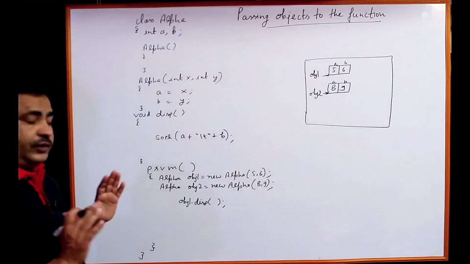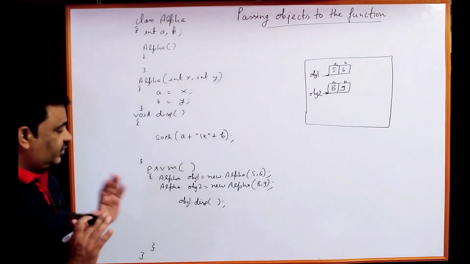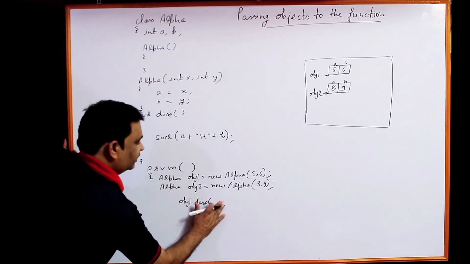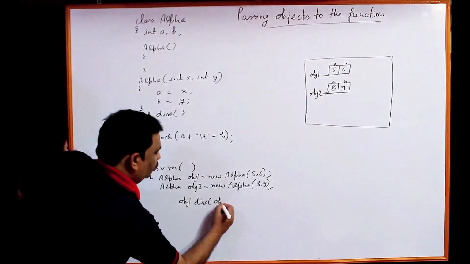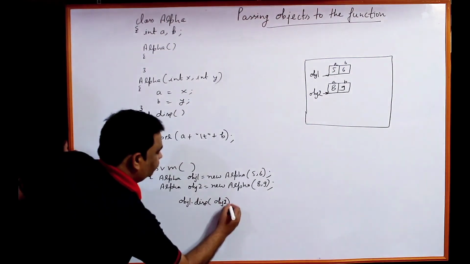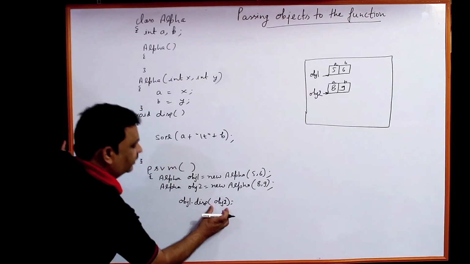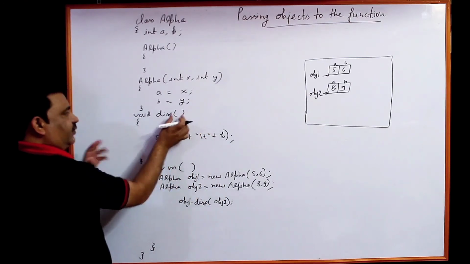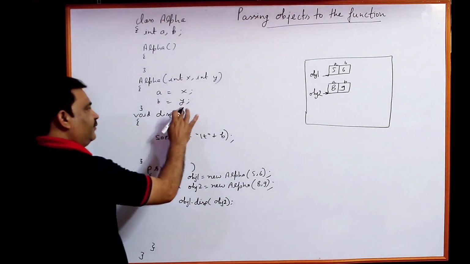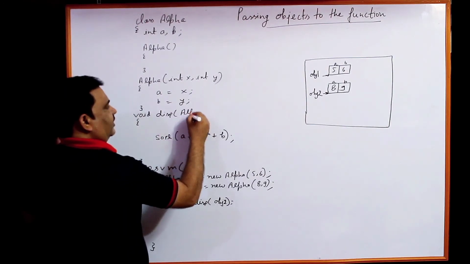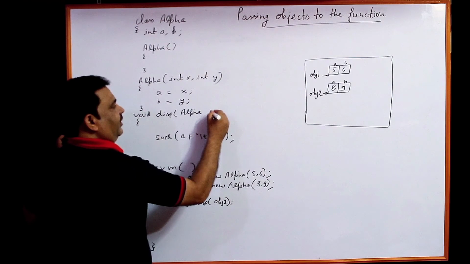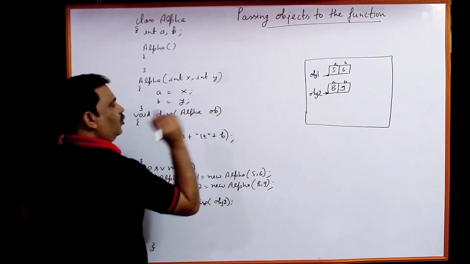But what I am going to do this time, I am going to pass one object, obj2, as a parameter. So in the disp function we have to take the class name and any object name like OB.